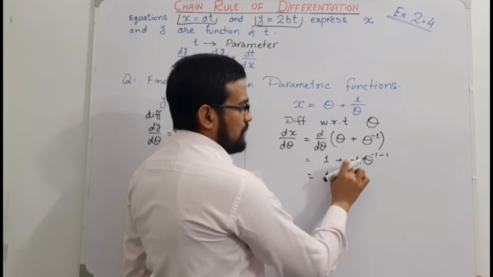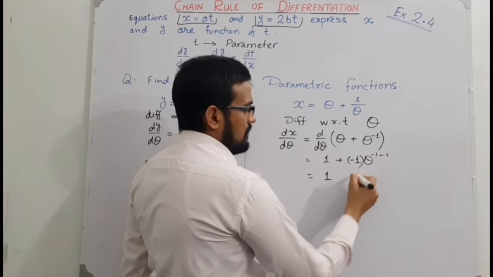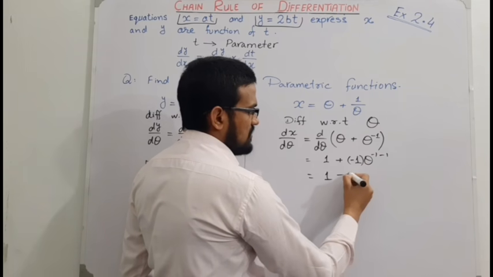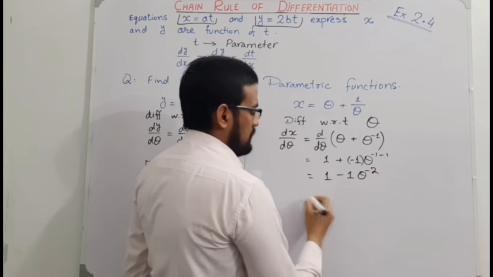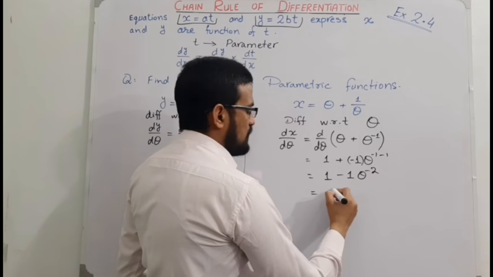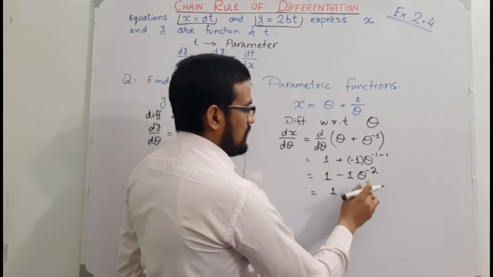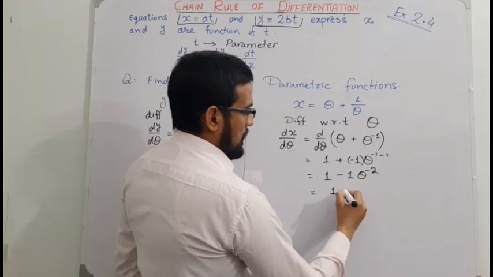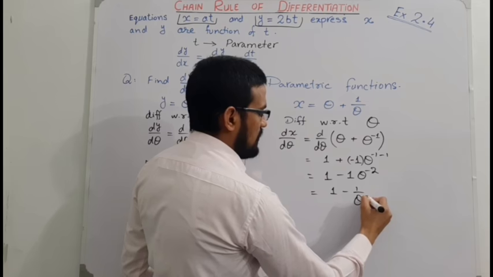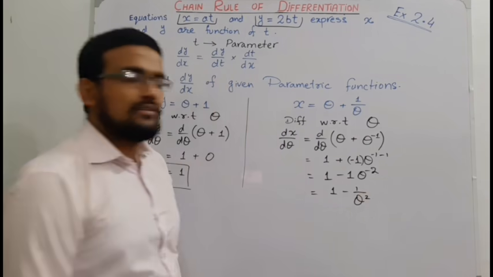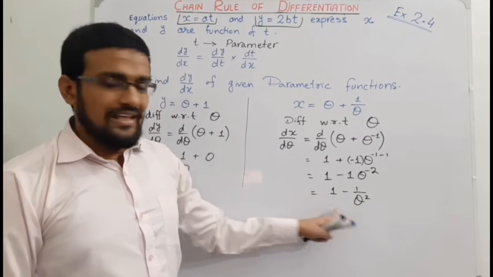So 1 plus minus theta raised to power minus 2. So it means 1 minus 1 over theta square. Okay, and take LCM.